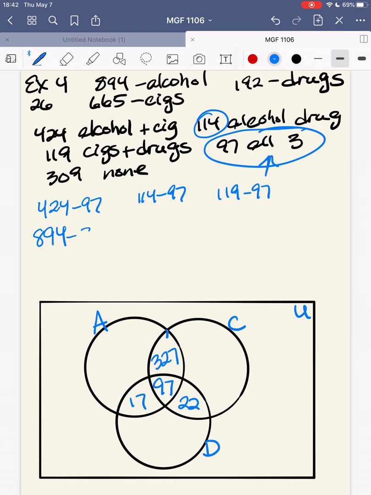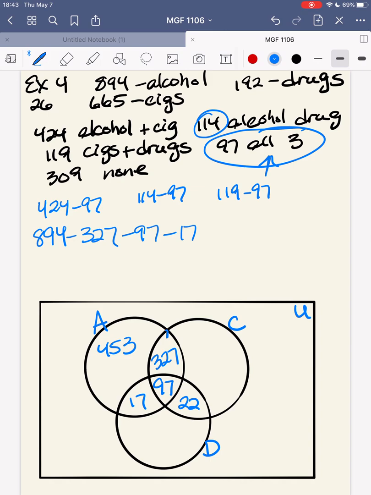I have to take away the 327 from those that do alcohol and cigarettes, the 97 that do all three, and the 17 people that do alcohol and drugs. And I end up with 453 people that only do alcohol, nothing else.